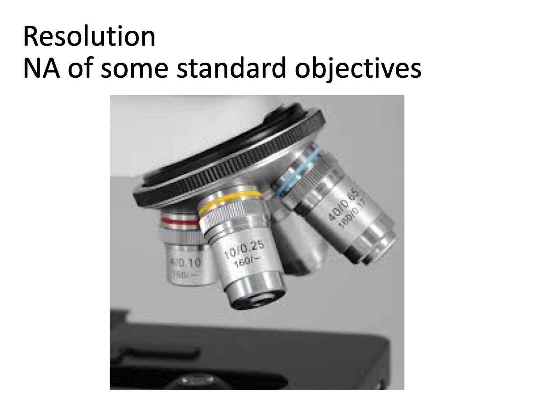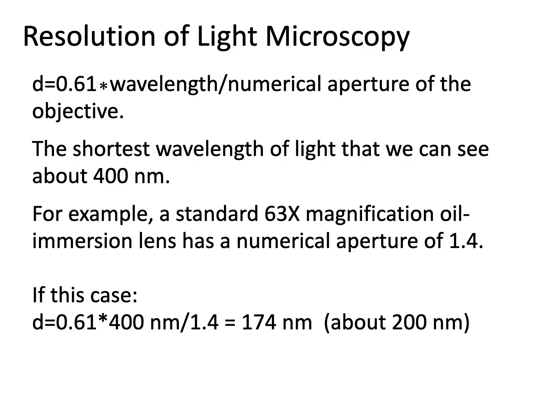Now that brings us all back to the resolution of light microscopy. Why is it that we are limited in what we can resolve? So the resolution of light microscopy is d in this equation. It's equal to a constant, 0.61, times the wavelength of light, divided by the NA.